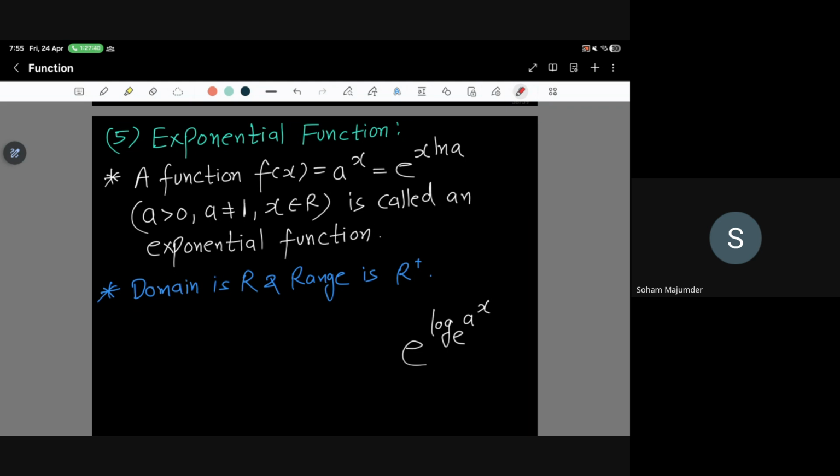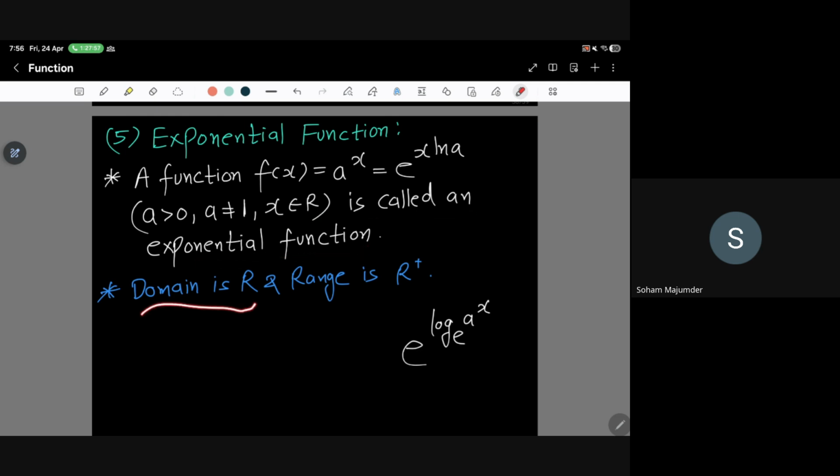And the range, the domain. Now the power can be any real number. It won't affect the mathematical conditions anyway. So the domain is all real numbers.